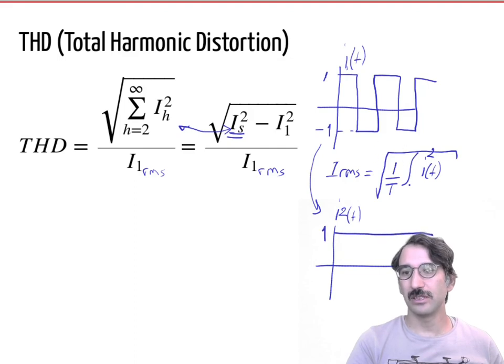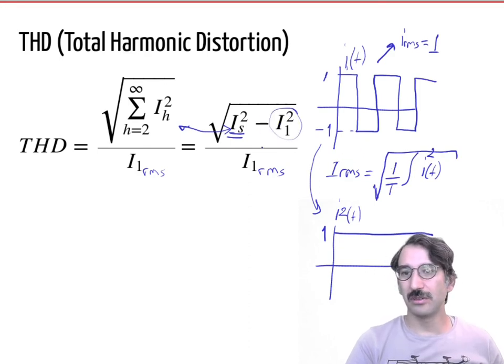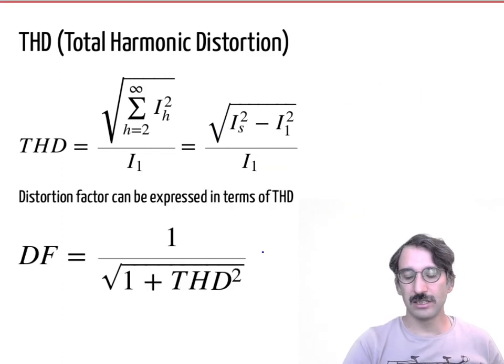Then you take the average, and then the square root. So the total RMS of that signal would be equal to 1. Then you can calculate the fundamental harmonic. The fundamental component I1 is a sinusoid with 4 over pi magnitude. You can calculate that one, and that is our second question in a minute.